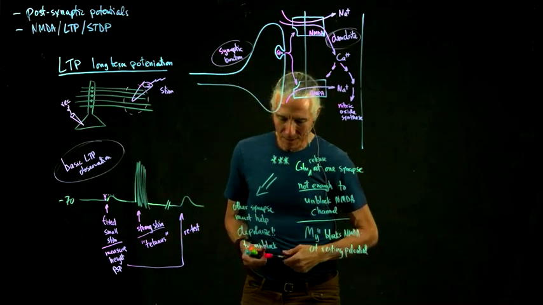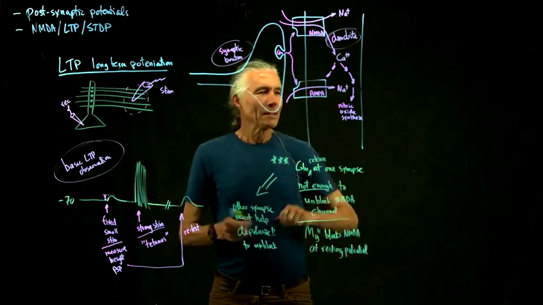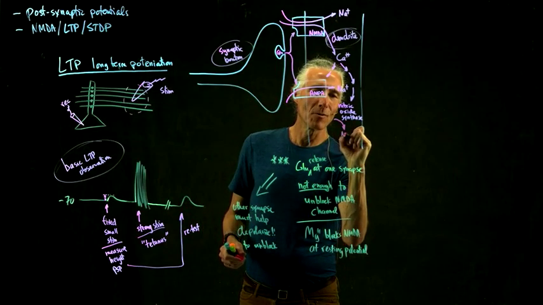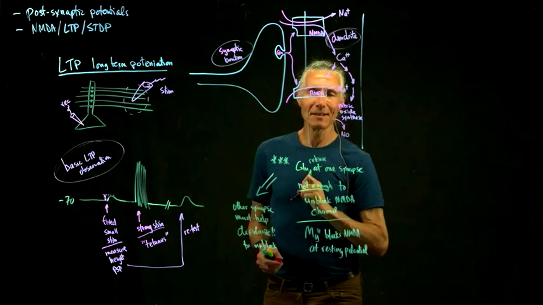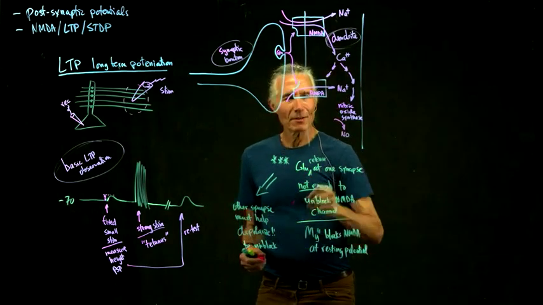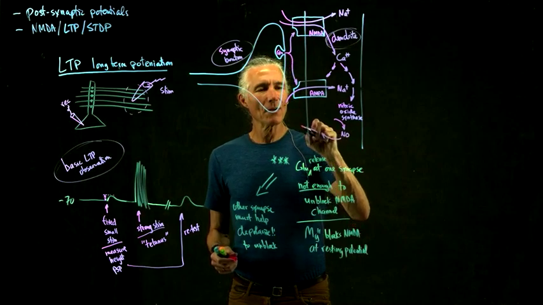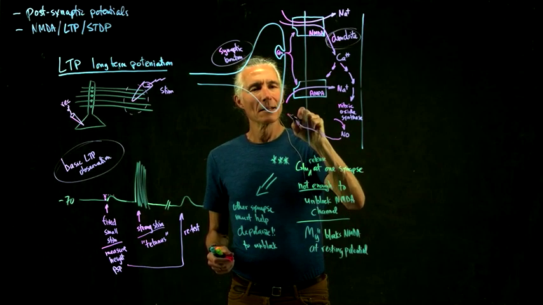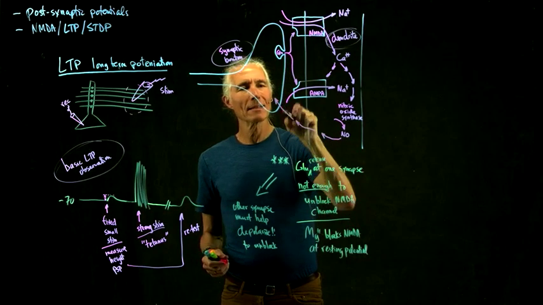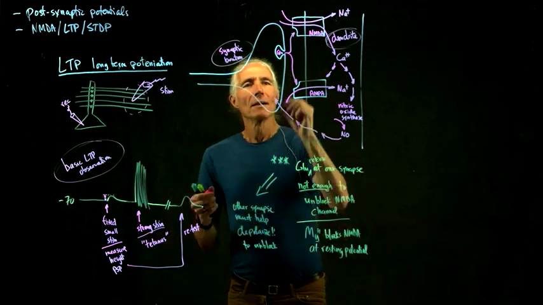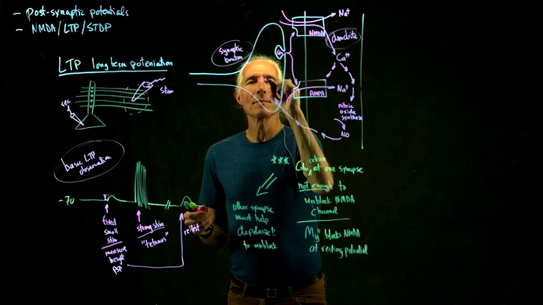And so that thing will generate some nitric oxide, NO. The nitric oxide will diffuse out of the cell back into the synapse, and it will increase the probability of release.